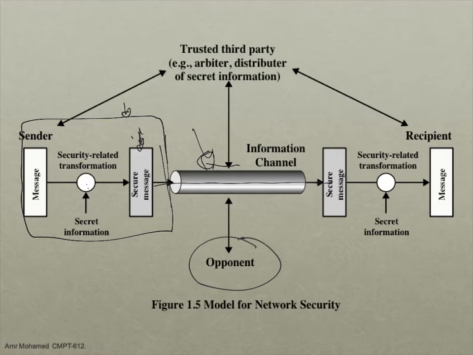That's the hope. And of course, on the other side, we have the recipient machine, which performs the reverse operation. So that network security model for us is a very common model that describes a network scenario and how we can use a confidentiality service over a communication network.